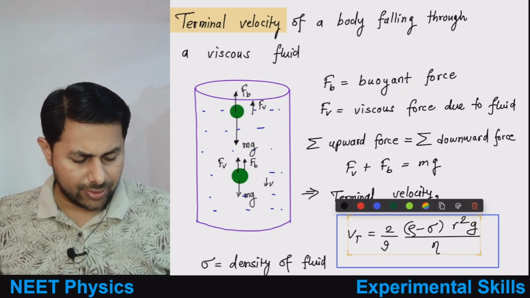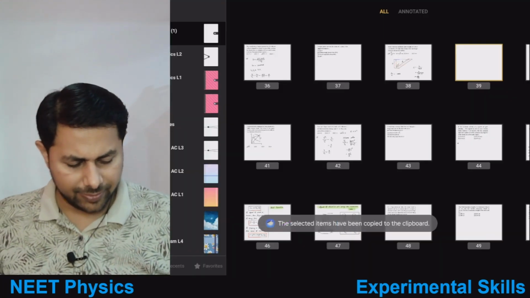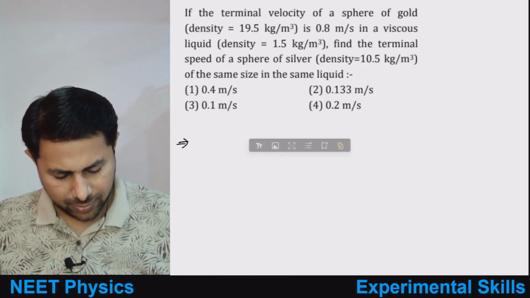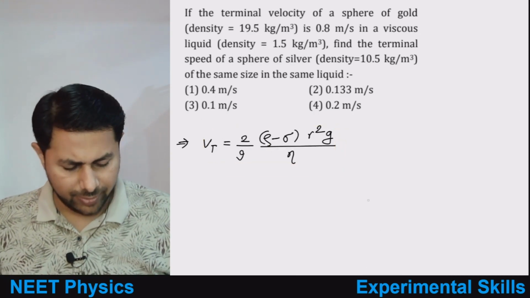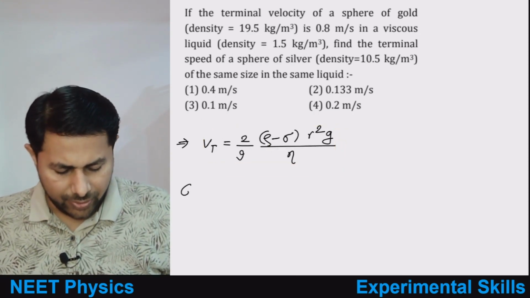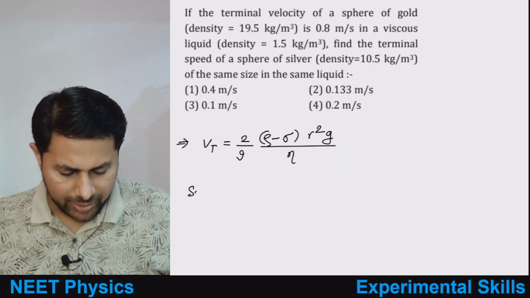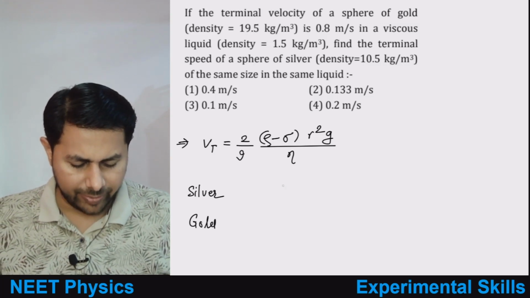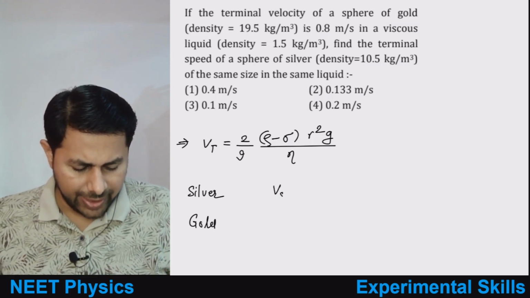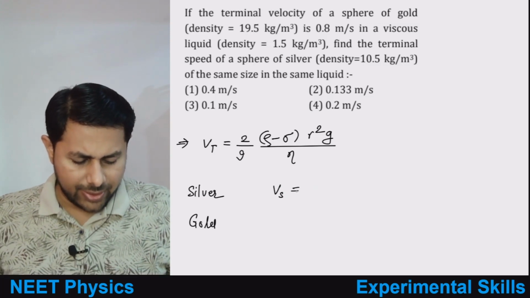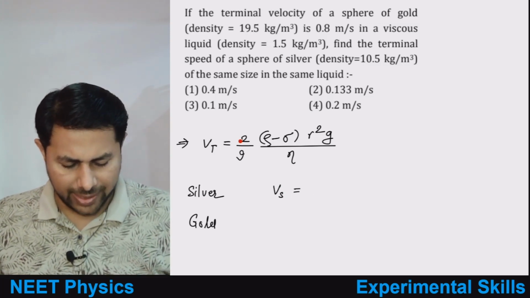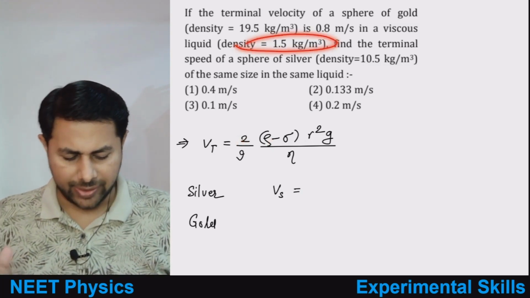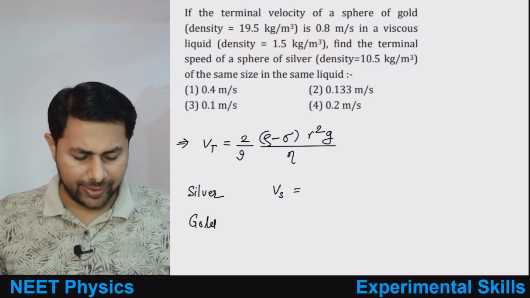Use this formula. Then you have two terminal velocities, one for the silver sphere and one for the gold sphere. For silver, let's call it Vs, it is equal to 2 by 9 (rho of silver minus sigma, the density of the liquid) times r square g by eta.